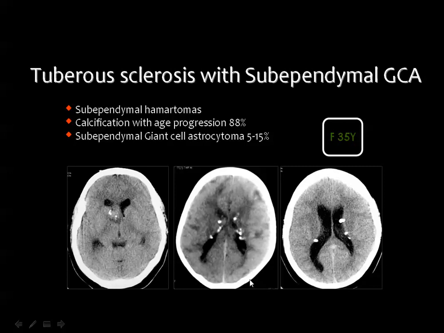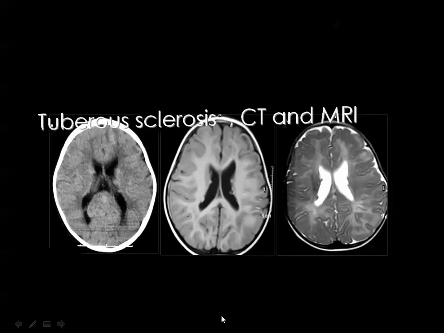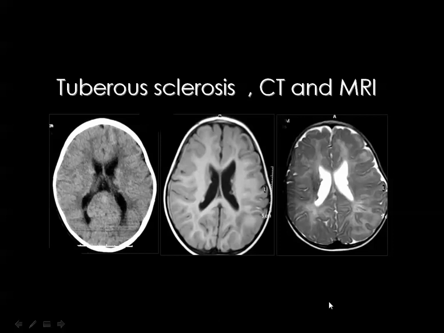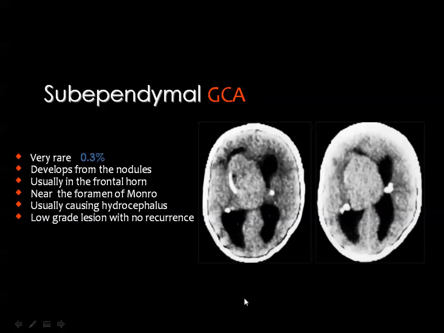In a patient with tuberous sclerosis, the diagnosis is subependymal giant cell astrocytoma. And you remember that I have mentioned that you can see calcium in the CT, but it's difficult to appreciate in the MR images. In this young patient, we can see multiple tubers which are not yet calcifying. In the MRI, you can also see the tubers in the wall of the ventricle. They are somewhat bright in T1 and low signal in T2 weighted images.